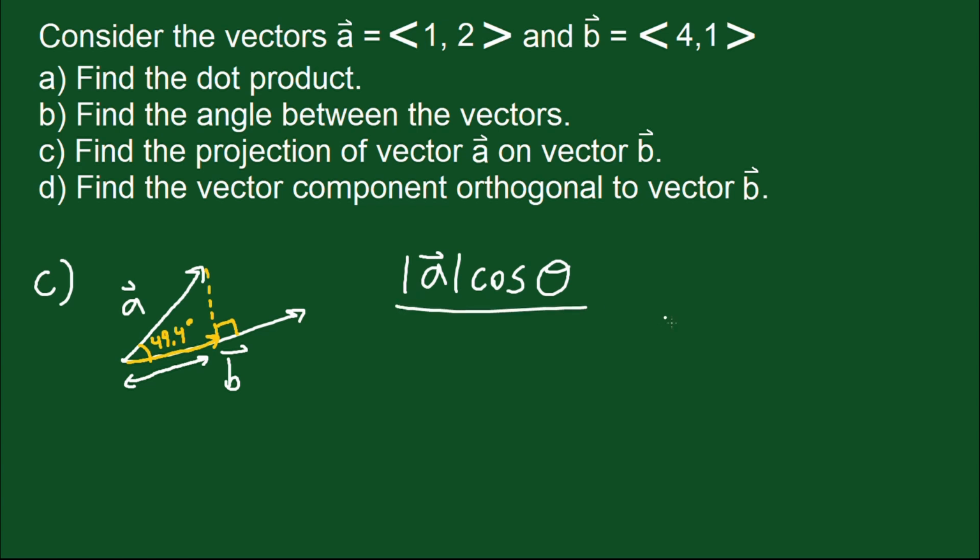Now this, however, should look familiar, because remember, we have this equation that says the dot product is equal to the magnitude of A times the magnitude of B times cos of theta.